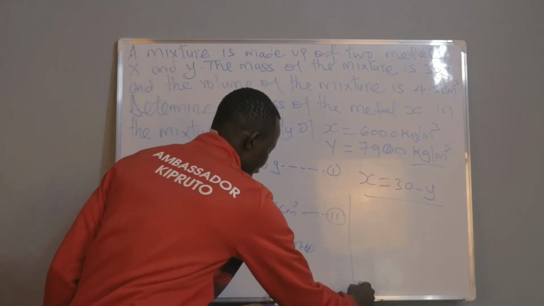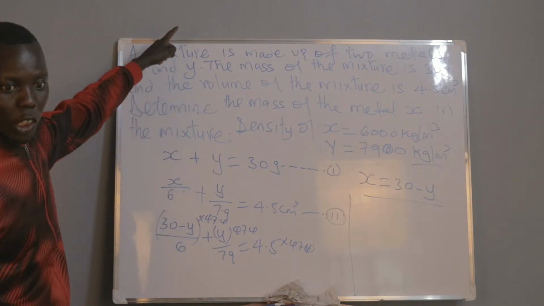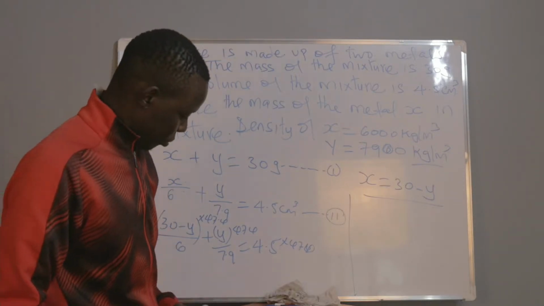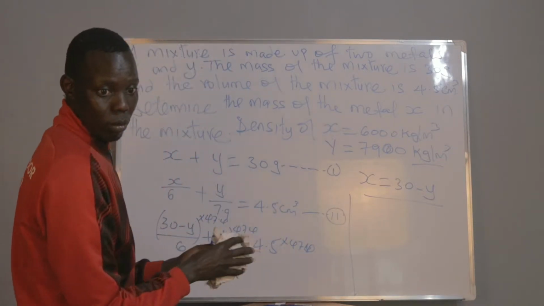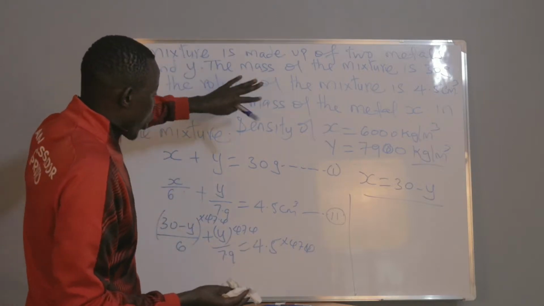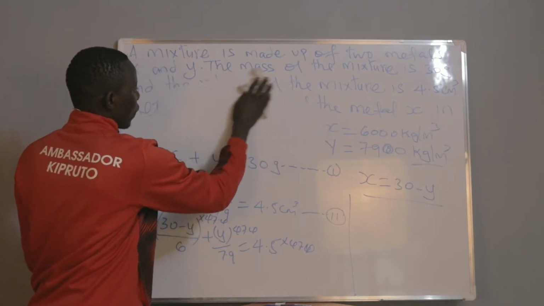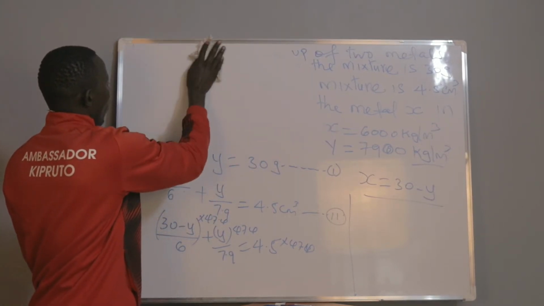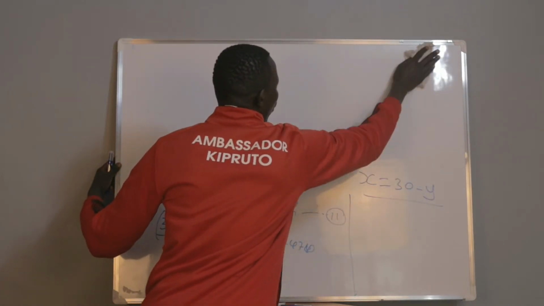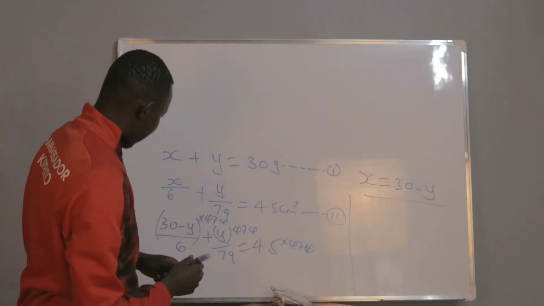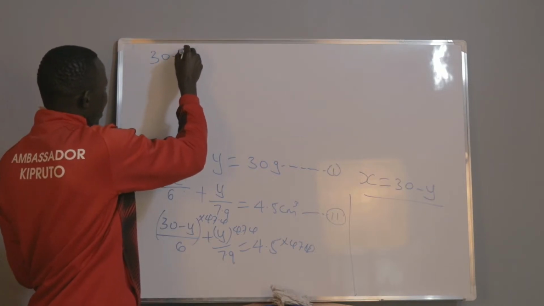What are you going to have? Now we have 30 minus Y in brackets.